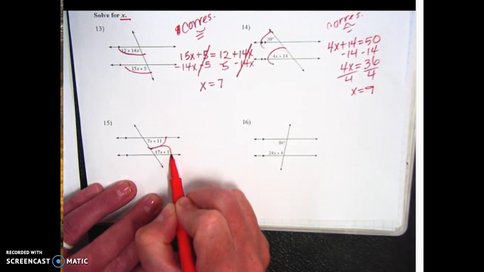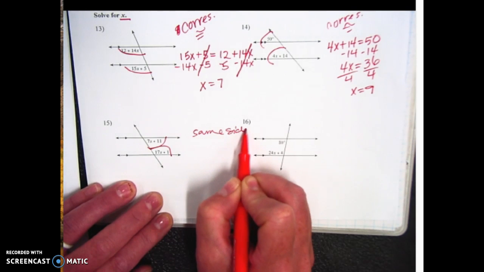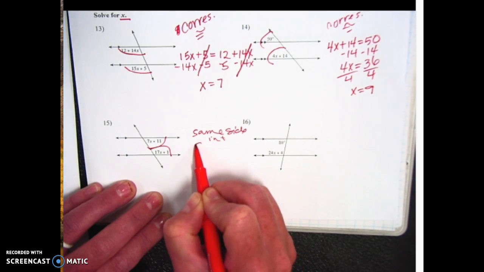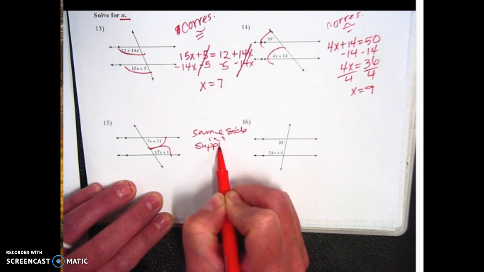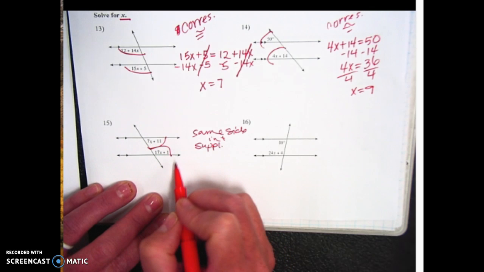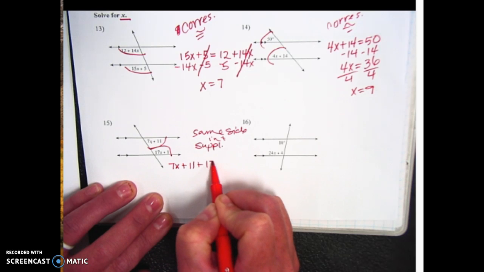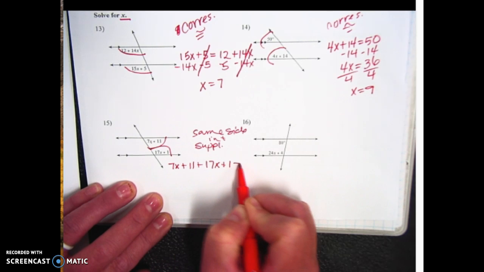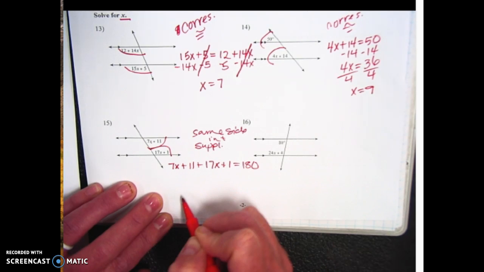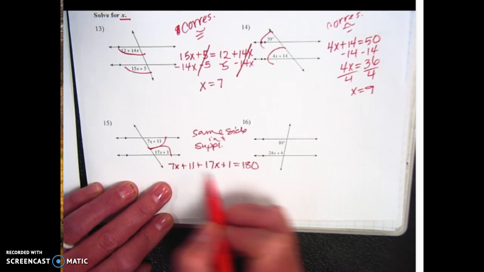Mark your angles on number 15. These are same side interior. Same side interior should be supplementary. That means they should add up to 180. So these two expressions added together should be equal to 180. So for this one, you solve it a little differently. You're going to combine your like terms.